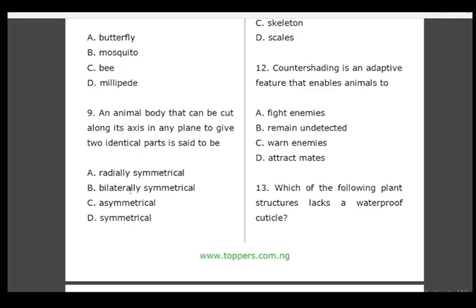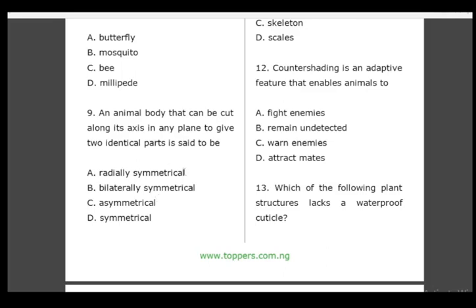But when we talk about bilateral symmetry, we're talking about cutting of an organism into two identical parts. That is just what bilaterally symmetrical is. It does not pass through that particular axis in one plane that we are talking about.